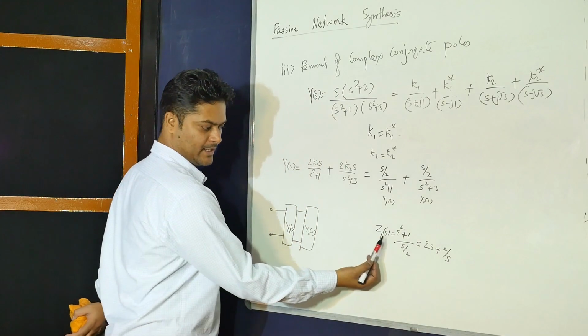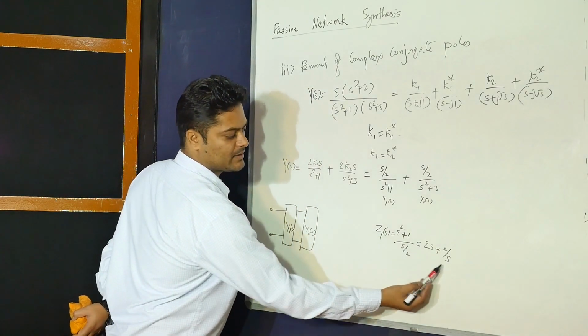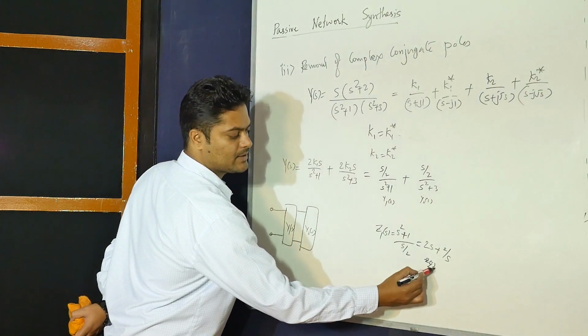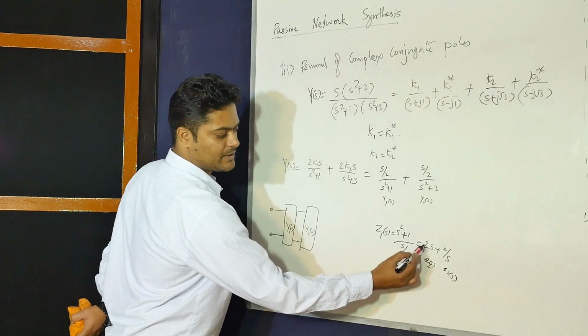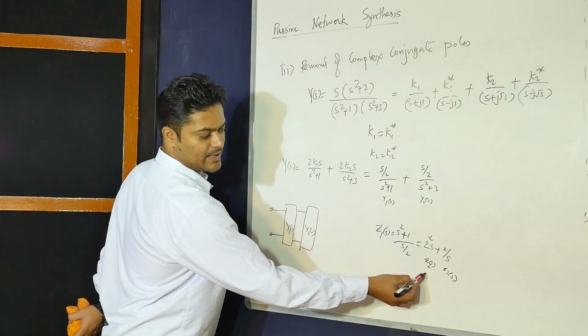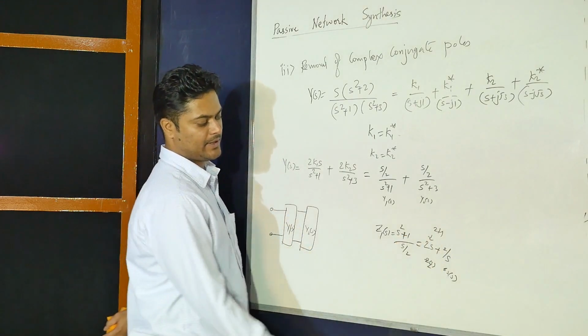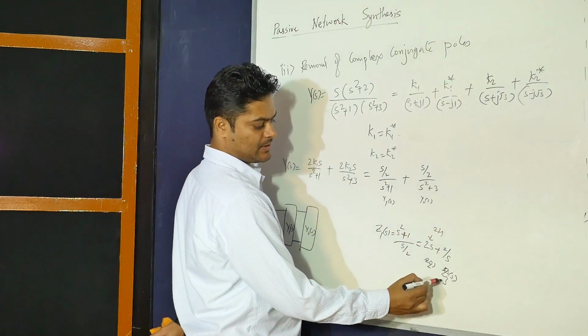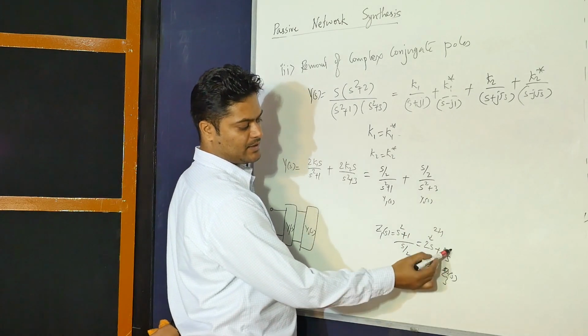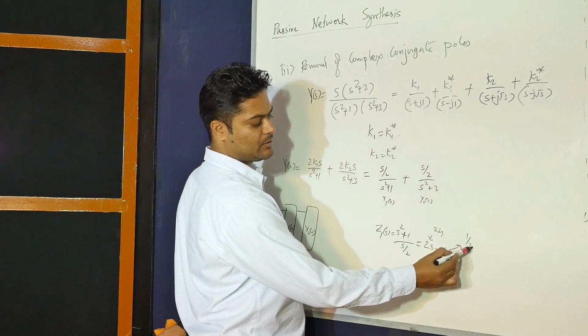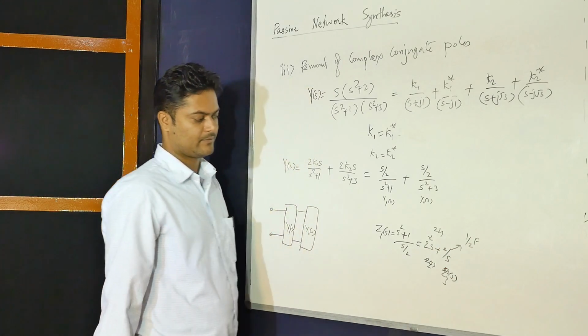So we have Z, which is Z2 plus Z3, Z2 of s and Z3 of s. What does it indicate? When it is 2s, it is L into s, that is 2 Henry. And when it is 2 by s, it is 1 by Cs, so it is 1 by 2 farad.